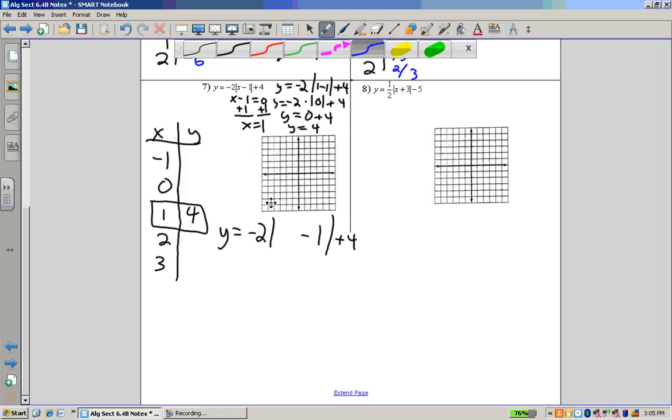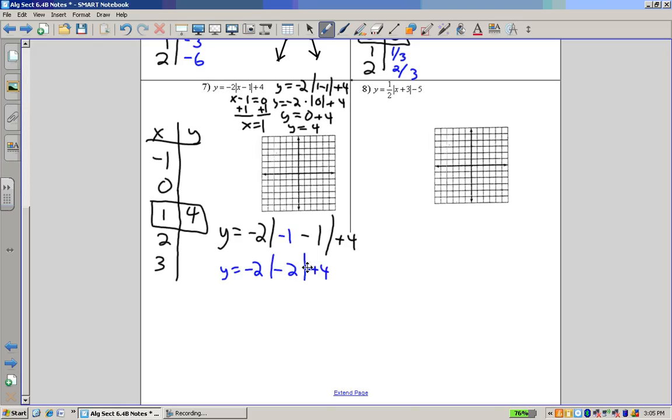Let's plug in negative 1. Negative 1 minus 1 is negative 2. The absolute value of negative 2 is positive 2. Negative 2 times 2 is negative 4. And negative 4 plus 4 is 0.